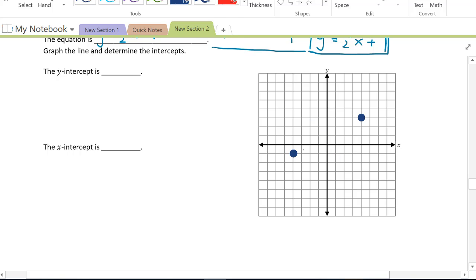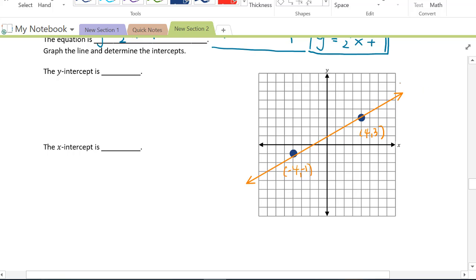Let's label that. So this guy is -4, -1, and this guy is 4, 3. All right, and then let's plot the point. Okay, how's that? That's pretty good.